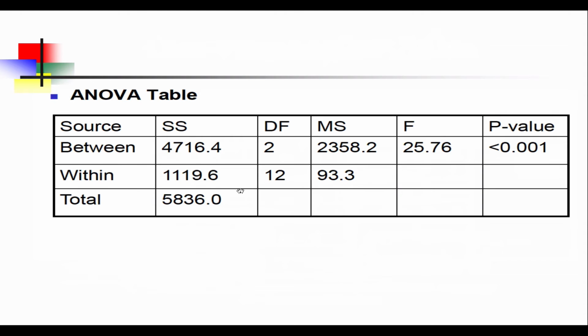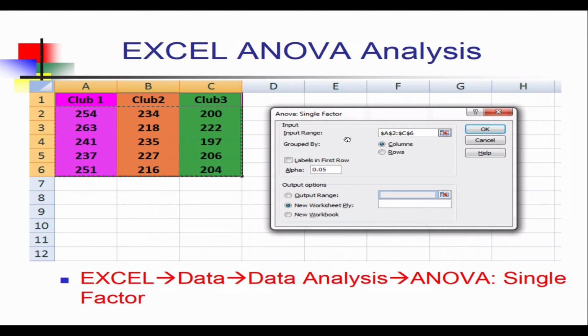All your sum of square, degree of freedom, mean sum of square, F statistic, and the p-value. And then, if you're using the Excel ANOVA single factor analysis tool, here is your 3 group data. You select those 3 groups of data in this input range and indicate the column tells you 3 different groups.